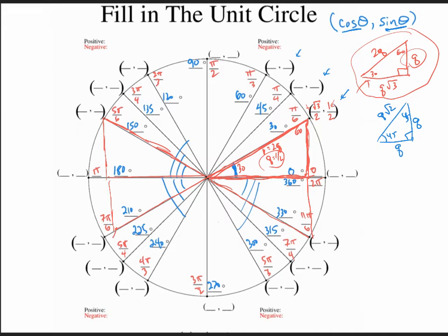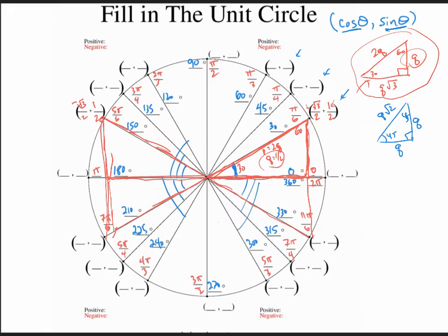I didn't draw that particularly well. That's supposed to be down like this. Now, the ratios in these triangles will be exactly the same because the side lengths are going to be exactly the same. The only difference is going to be whether the X or the Y coordinate is positive or negative. So if you look at this angle, to get here, I would move negative square root 3 over 2 and up 1/2. So this is negative root 3 over 2, 1/2.